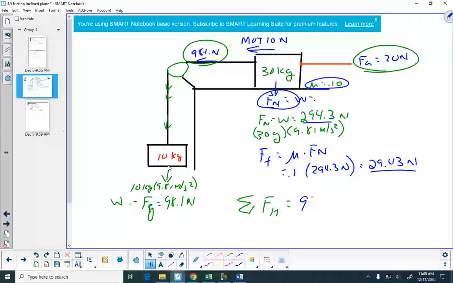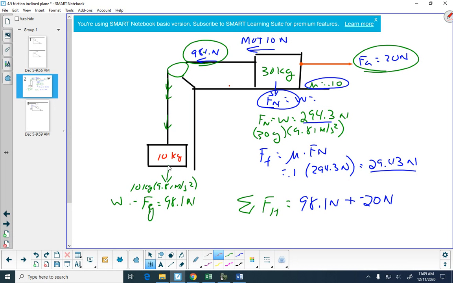So we have 98.1 newtons here. Then we have a negative 20 newtons because it's going to the right. That's opposite the motion. And now we can incorporate our force of friction, because our force of friction is going to go opposite the motion.